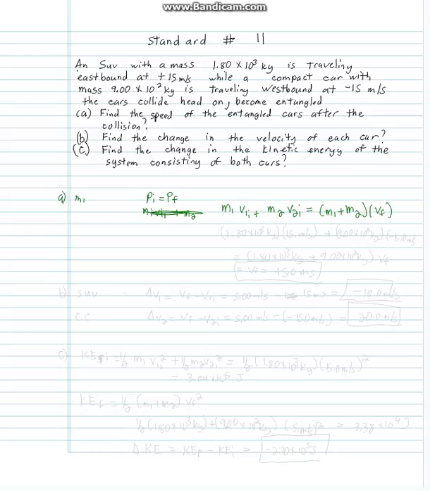So we substitute our values for this. We get 1.80 times 10 to the third kilograms times 15 meters per second plus 9.00 times 10 to the second kilograms times negative 15.0 meters per second.